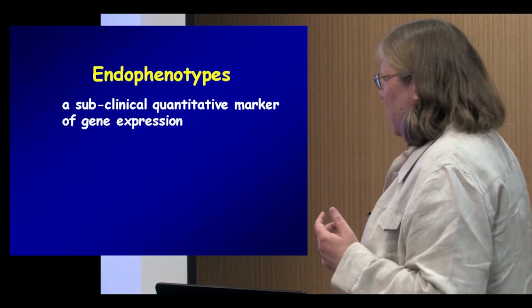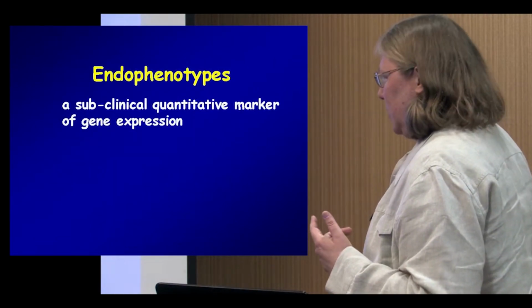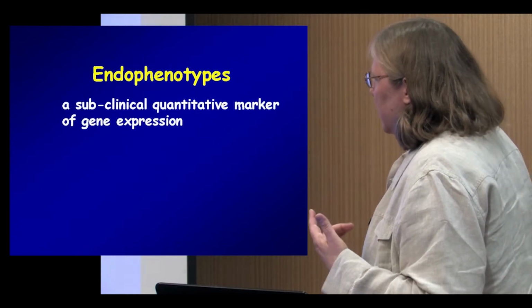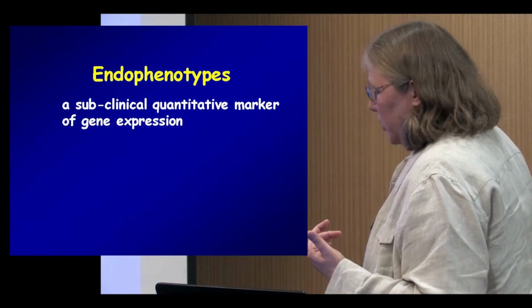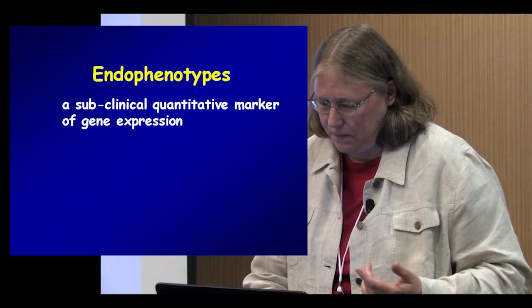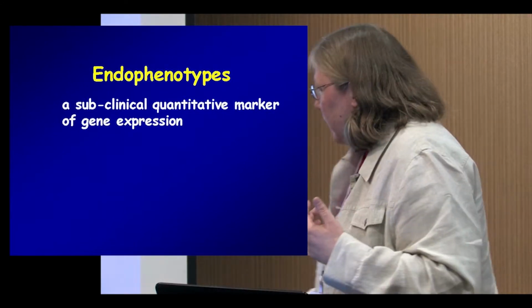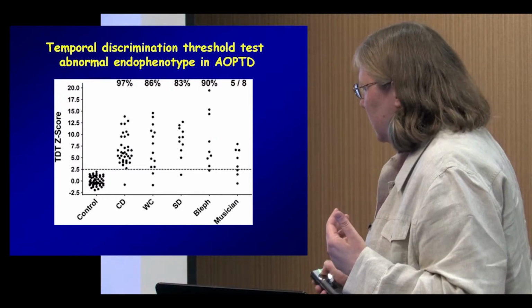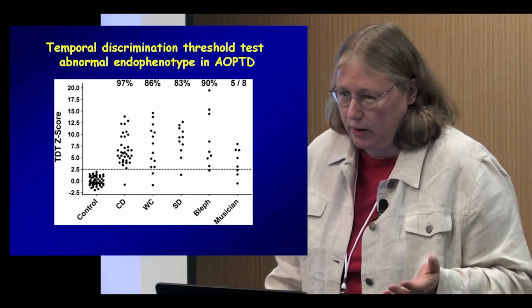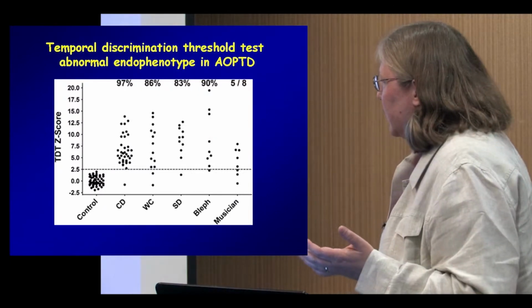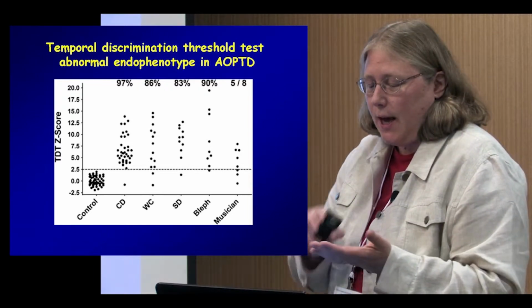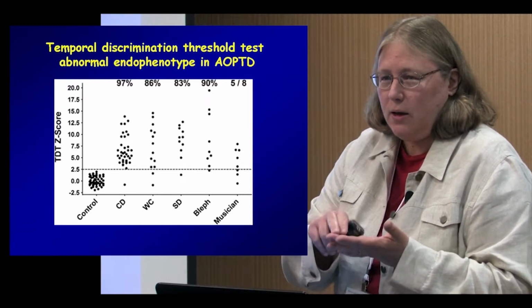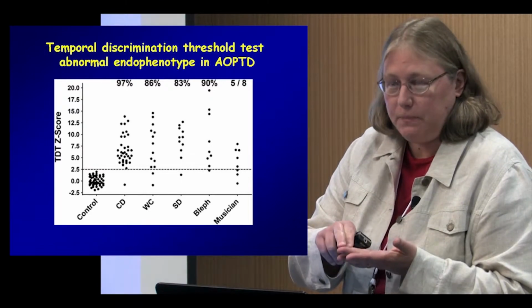So another concept I want to move to is something called an endophenotype. So this is a subclinical marker of gene expression. So what does that mean? There's a particular endophenotype I want to talk about. It's called the temporal discrimination threshold test. And this was developed by a group in Ireland. Basically, this is a test where you have 2 stimuli that are applied to, say, your finger.